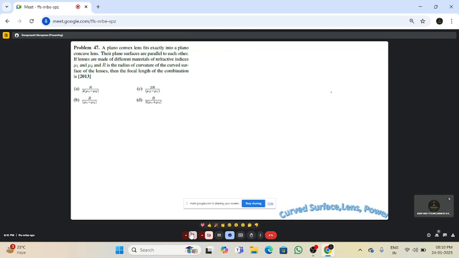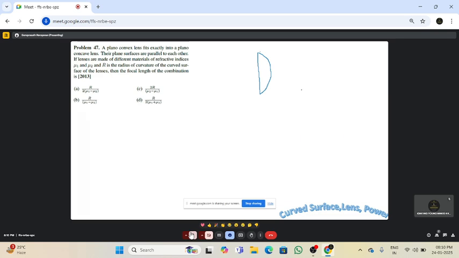A plano-convex lens fits exactly into a plano-concave lens. Their plane surfaces are parallel to each other. Plano-convex looks like this. It's fitting exactly into the plano-concave lens.